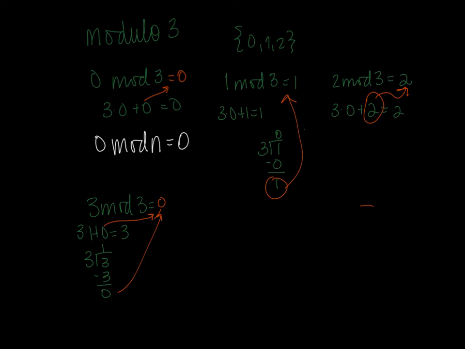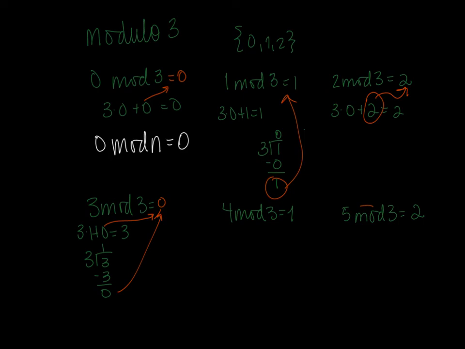So I now have two numbers where when I look at them with regard to modulo 3, I have an answer of 0. And in fact, this pattern is going to continue. 4 mod 3 will equal 1, and 5 mod 3 will equal 2.